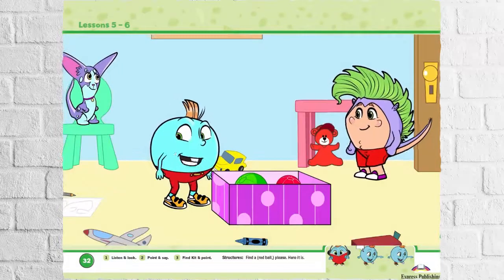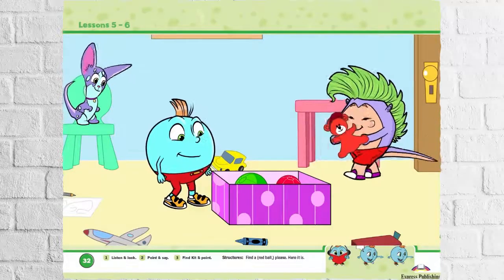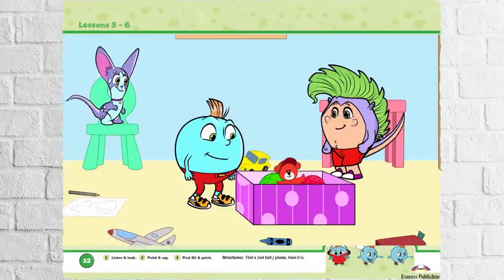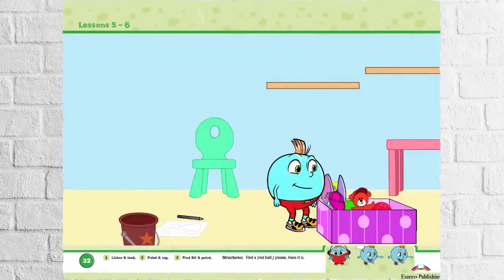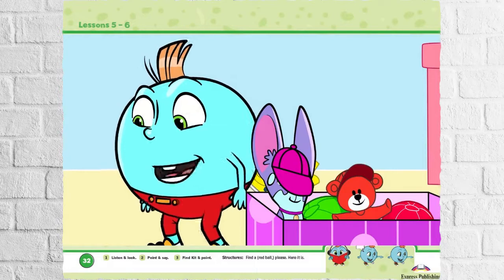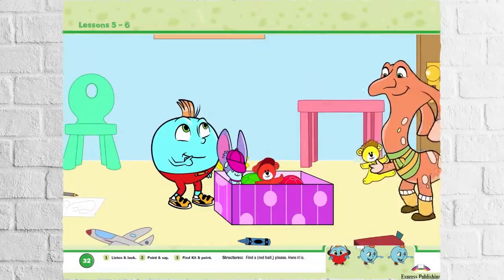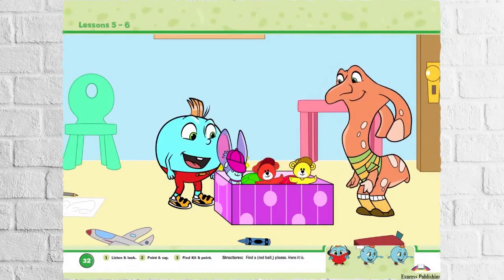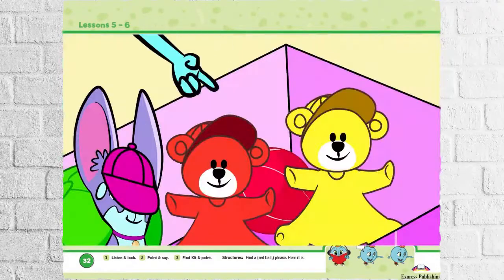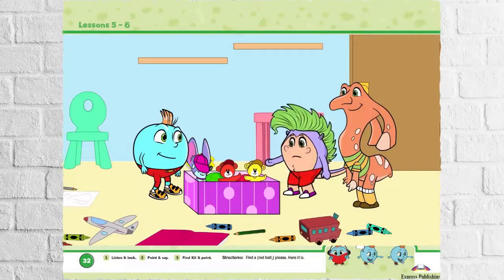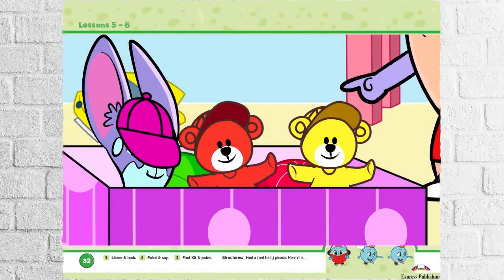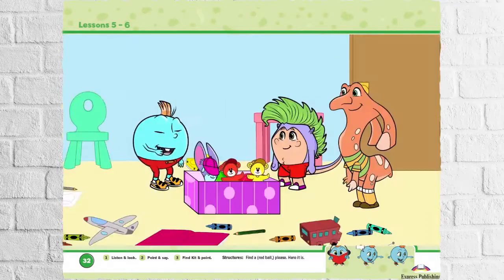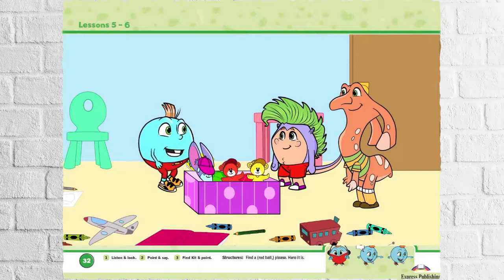Okay. Now find my red teddy bear, please. Here it is, Zach. Thank you. And find my yellow teddy bear, please. Here it is. Okay. 1, 2, 2 teddy bears. No, 3 teddy bears. Look. 1, 2, 3 teddy bears. No, Grok. That's Kit.